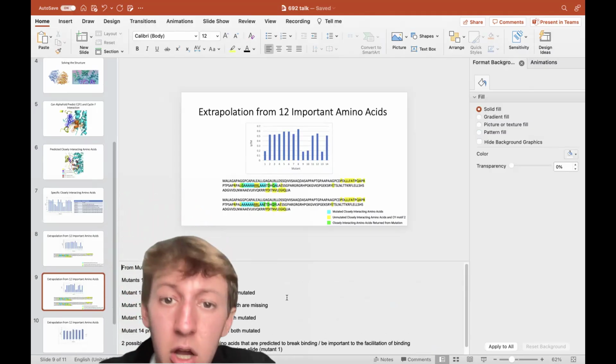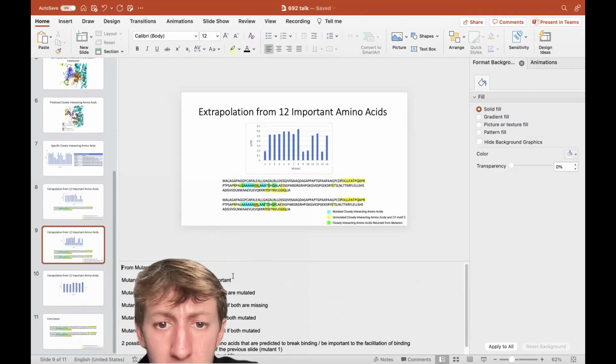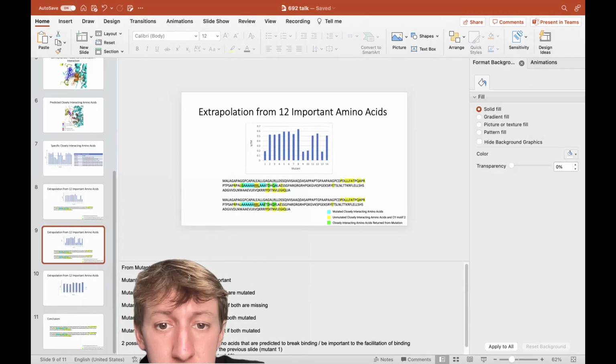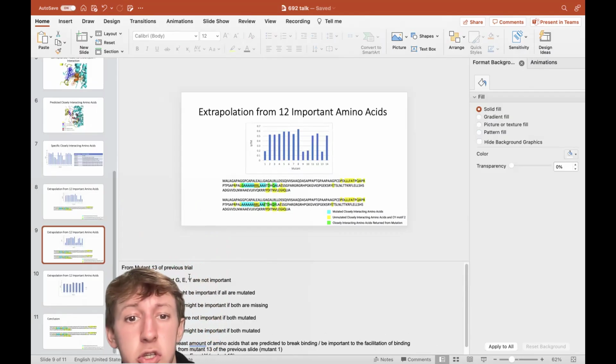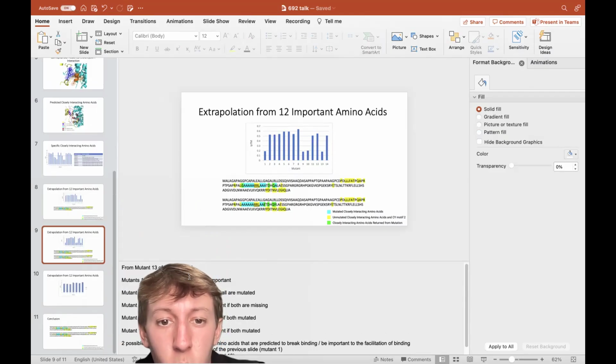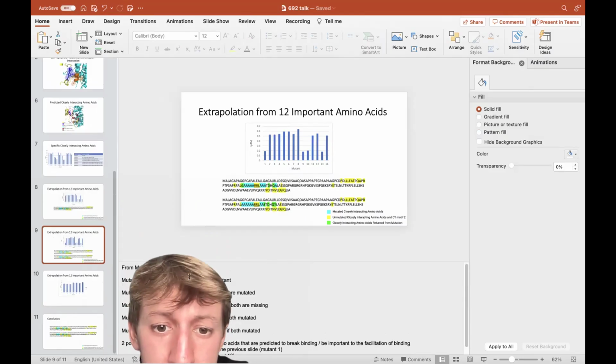Now, continuing on this thought, I ran another trial in which mutant 13 from the previous slide was used. And again, mutants were made in which one true amino acid was returned to the mutated amino acids, starting at the N terminus and going all the way to the C terminus.